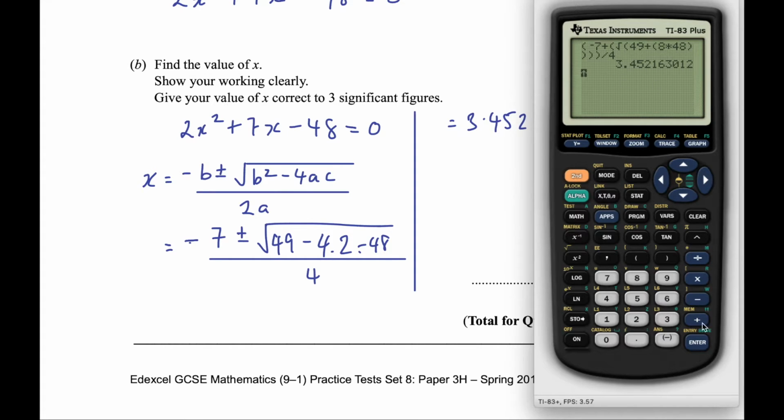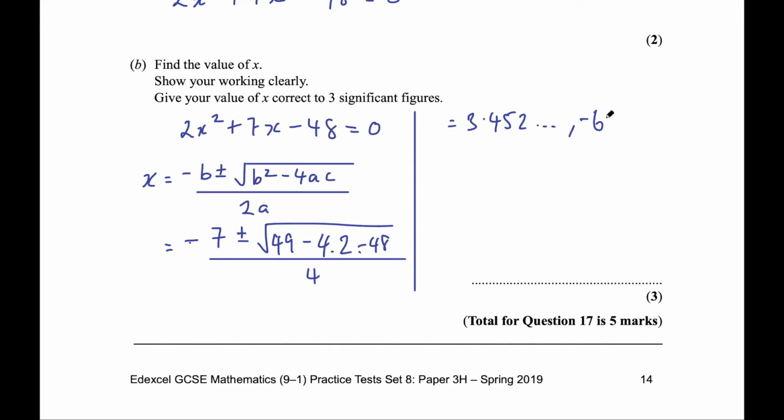Now, if you have an entry button on your calculator, try to find that. It makes it a lot easier because you can get the last entry put in and change that positive to a negative, and it saves you having to type all that out again. And do the negative answer and you get negative 6.95, etc. And now you have two answers, so you need to check which one fits.